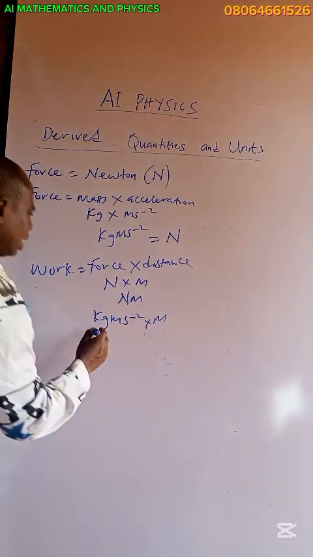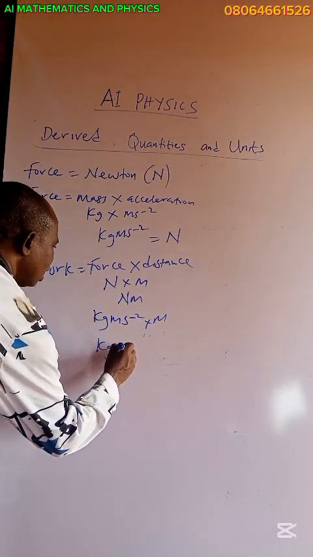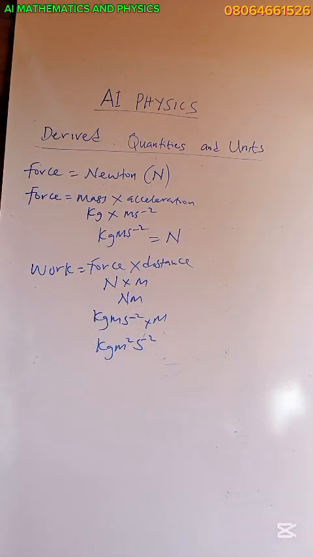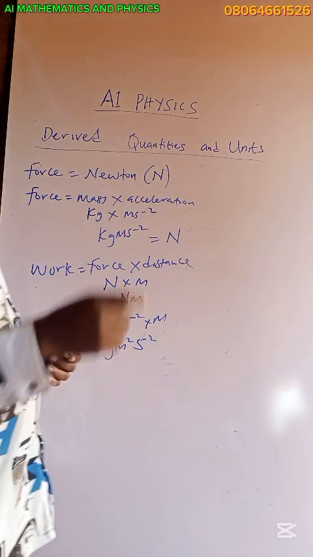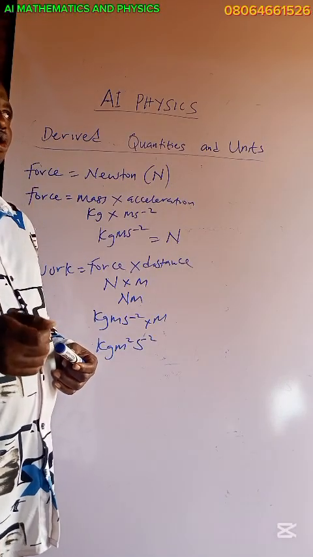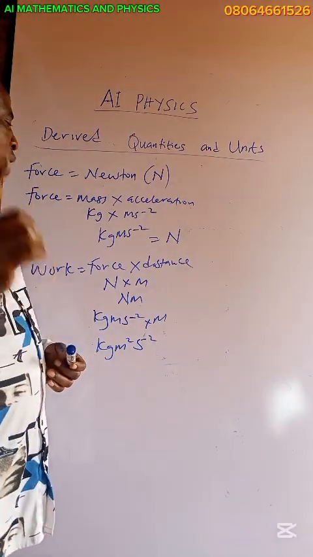Meter times meter, that's kilogram meter square per second square. Which means this is a unit of work. And don't forget that the well-known unit of work is joule. Joule is the name of a man like you.